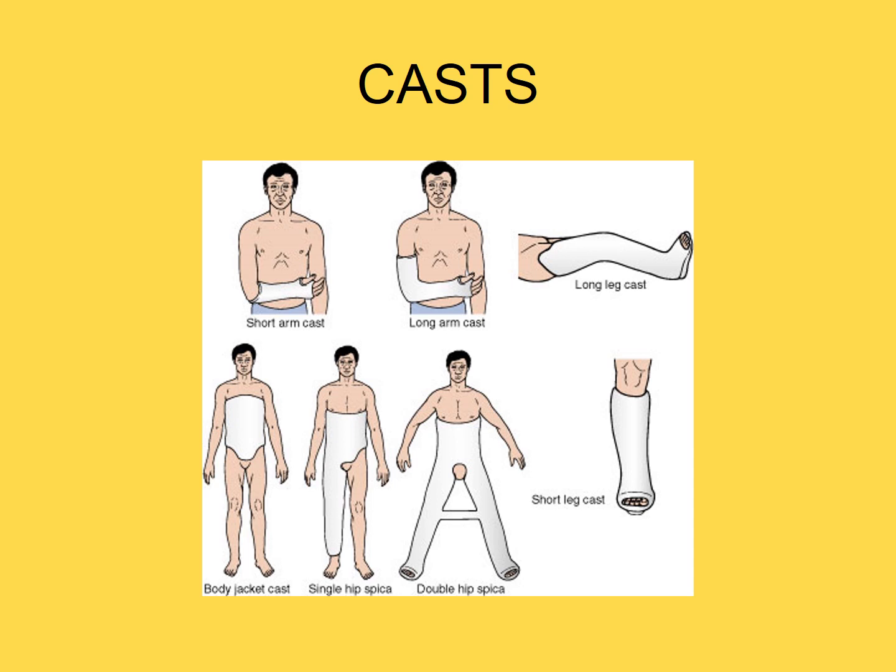Usually we want to allow a wet cast 24 to 48 hours to dry. The synthetic cast can dry in 20 minutes. Handle a wet cast with the palms of the hand until it's dry. Turn the extremity unless it's contraindicated, so that all sides of the wet cast will dry.